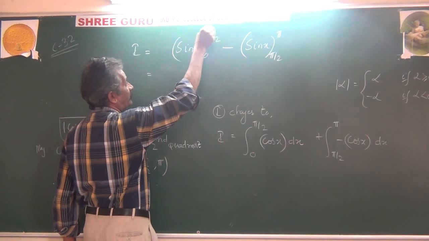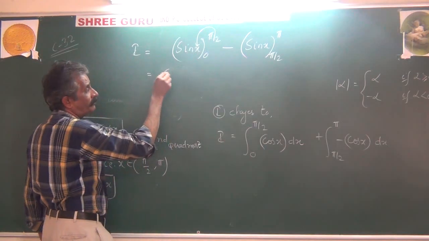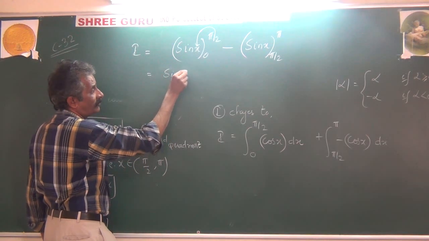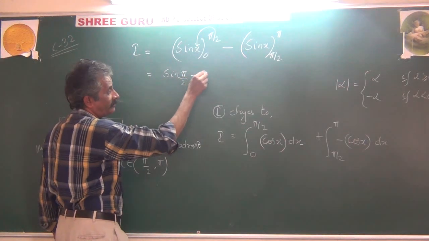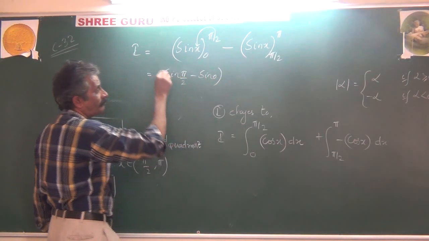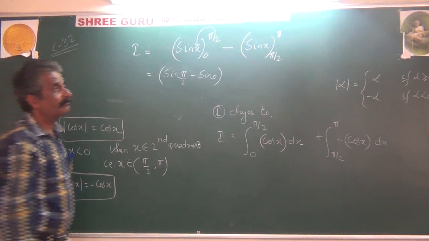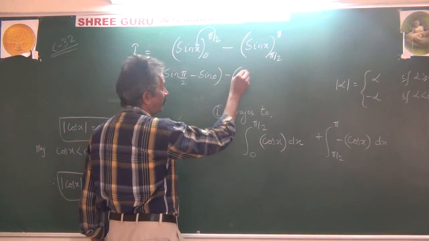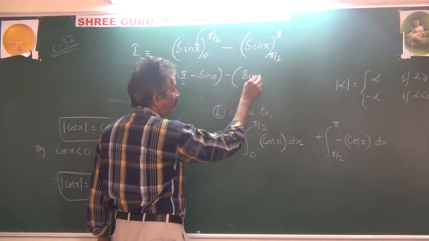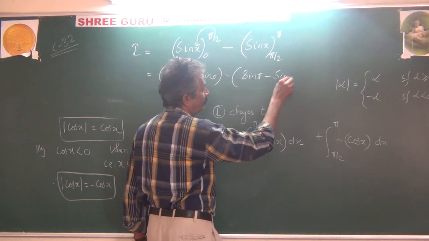Put upper limit x equal to pi by 2 becomes sin pi by 2. For lower limit sin 0. Put x equal to pi, sin pi. Put x equal to pi by 2, sin pi by 2.